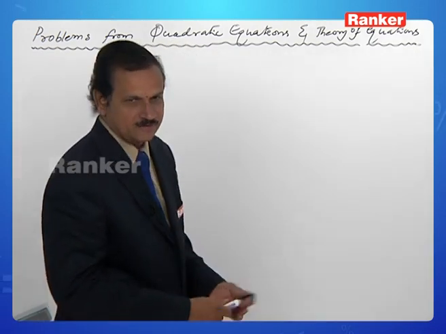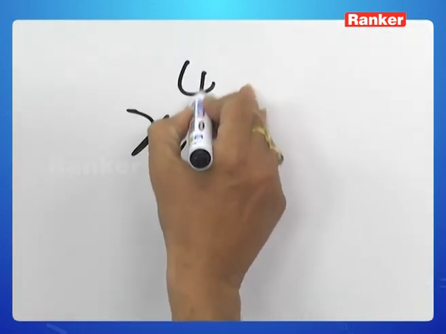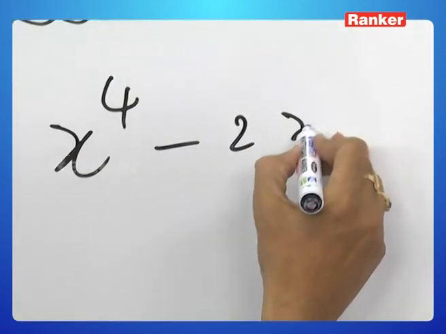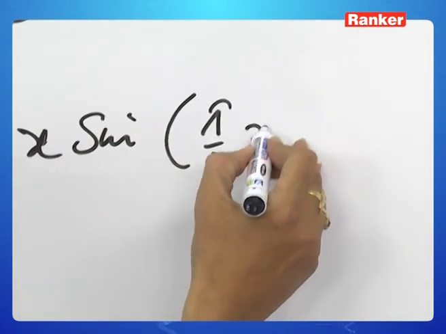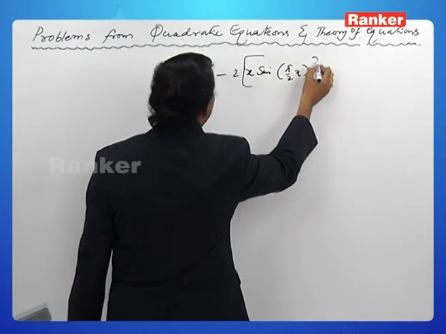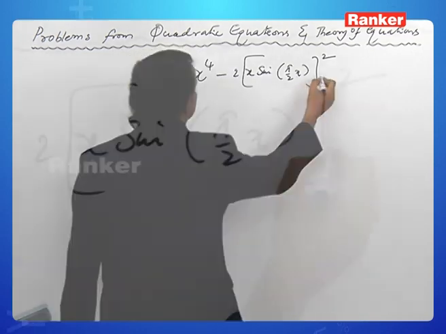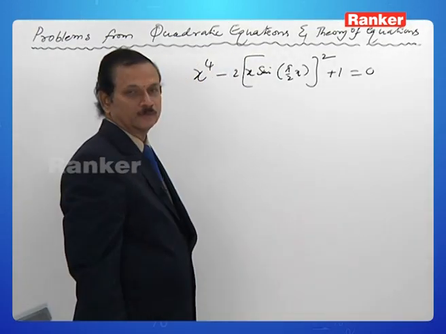Let us first observe the given equation. What is the given equation? x to the power of 4 minus 2x times sine of (pi by 2 x) whole square plus 1 is equal to 0.